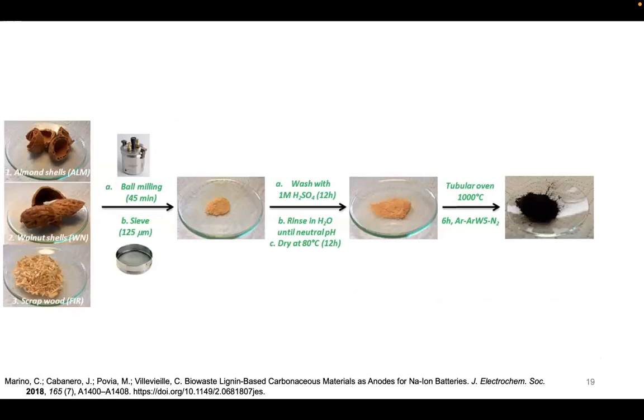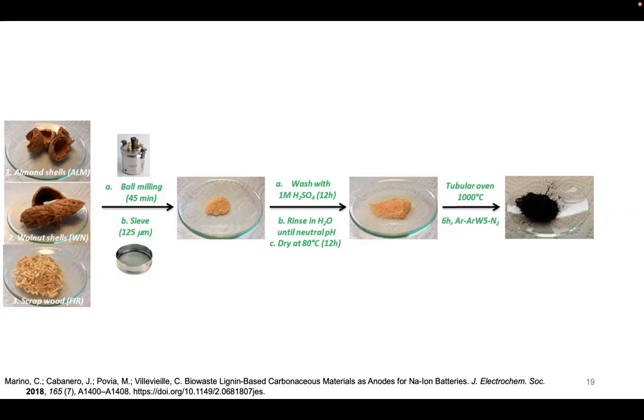Now, interestingly, this has not really been seen, or that's not true. The use of biomass precursors has really been explored for sodium ion battery anodes for hard carbon production, and has ventured into the use of materials that one could find in conventional agricultural products, like byproducts such as almond shells, walnut shells or scrap wood, basically things that you can pyrolyze that will then produce carbon at the end of the day.